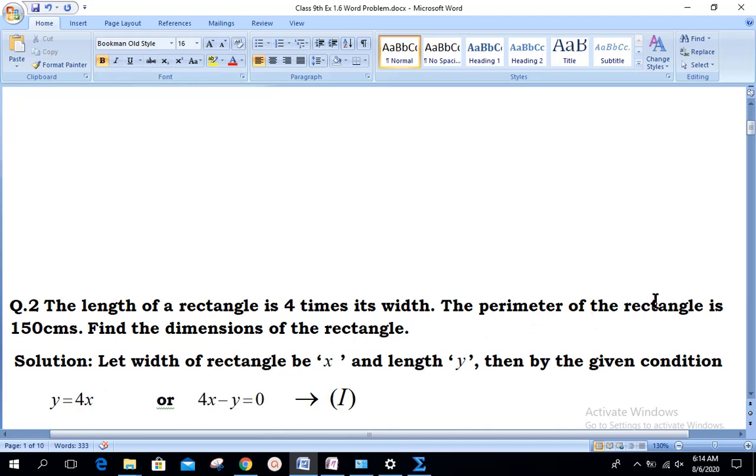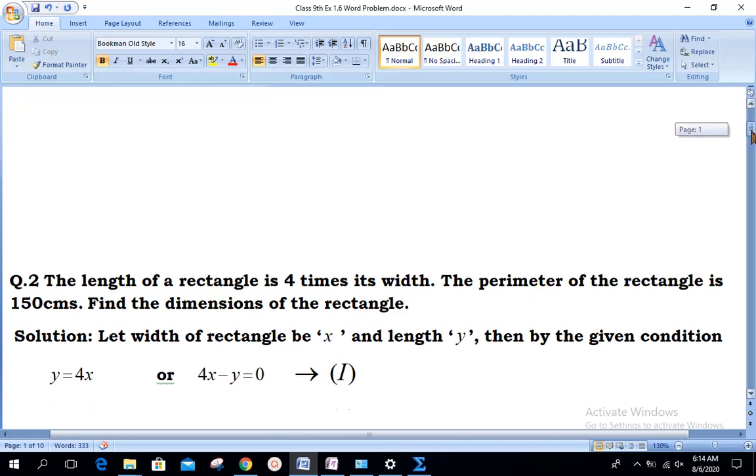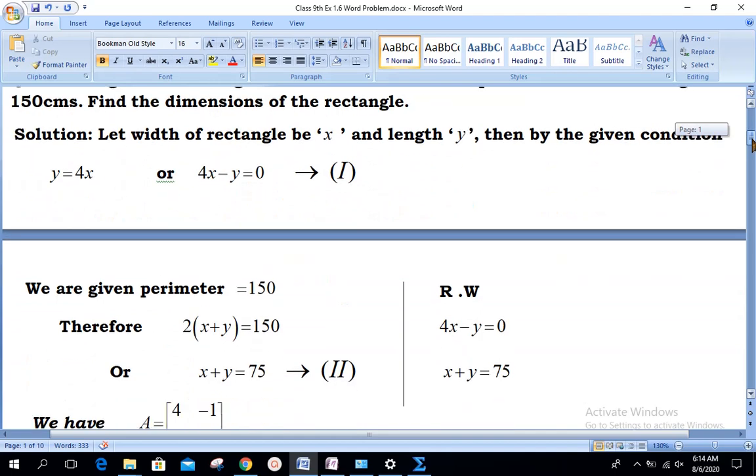So utilizing this value of perimeter, let's go ahead to make the second equation. We are given perimeter is equal to 150. Therefore, we know the rule for perimeter, that is 2 times of length plus width is equal to 150. Dividing both sides by 2, we reach at x plus y is equal to 75. This is my equation number 2.